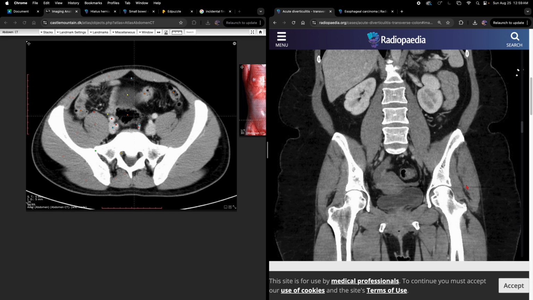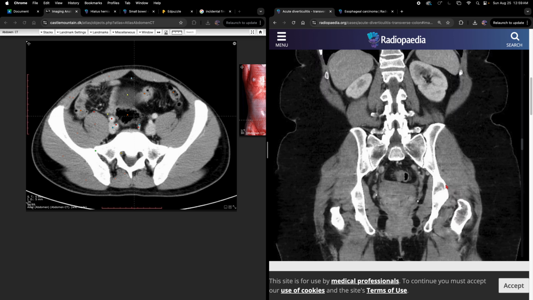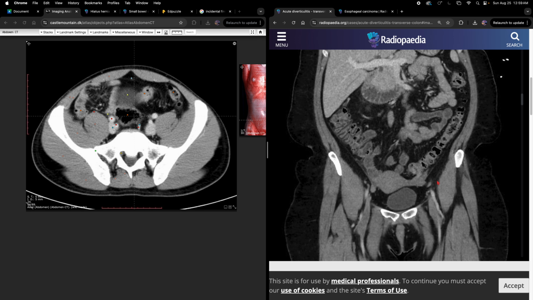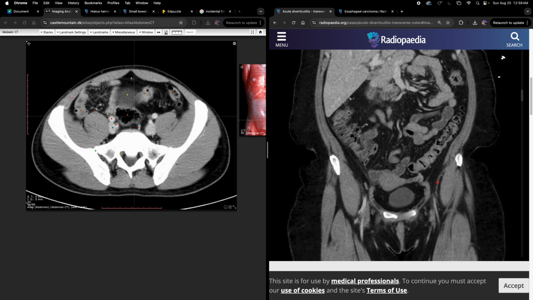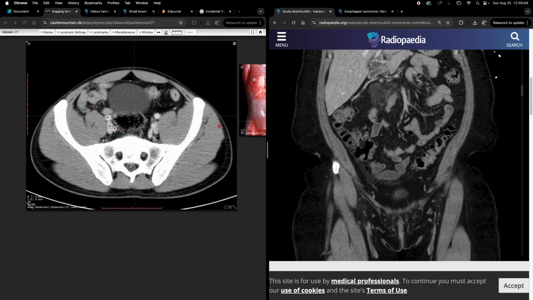We can see the angry bowel, as we would say, with this dirty fat all around it. And then we can see the diverticula all along the edges of the colon. That's the colon right there. Let's find the coronal slices on this one.